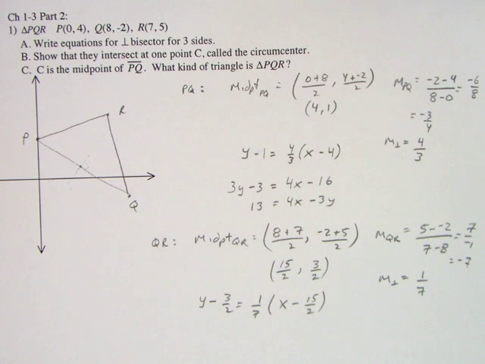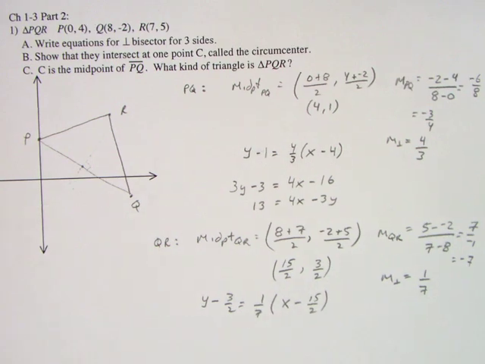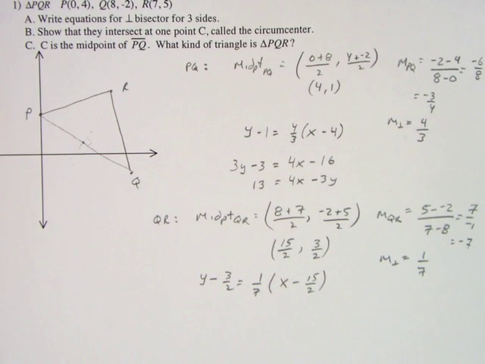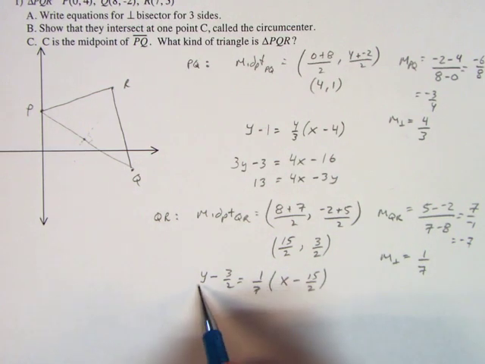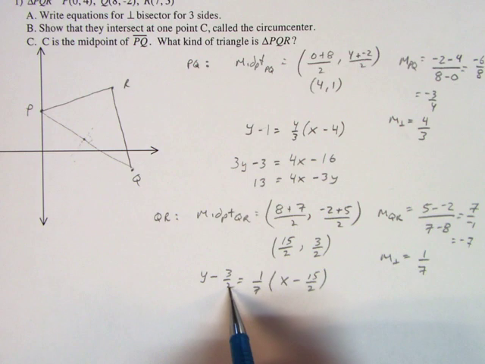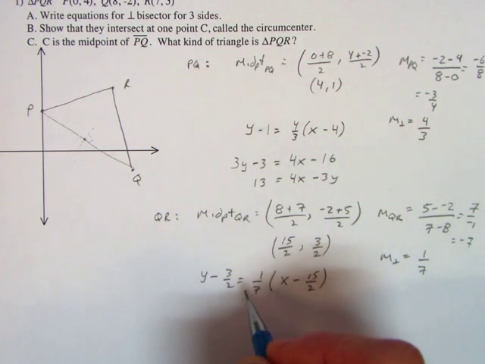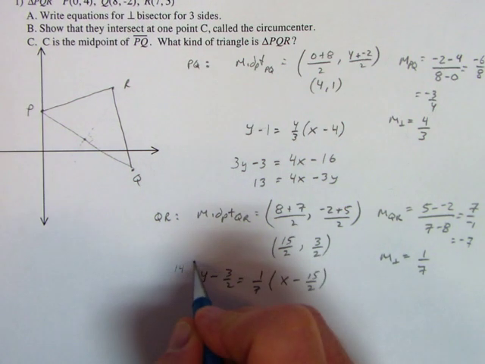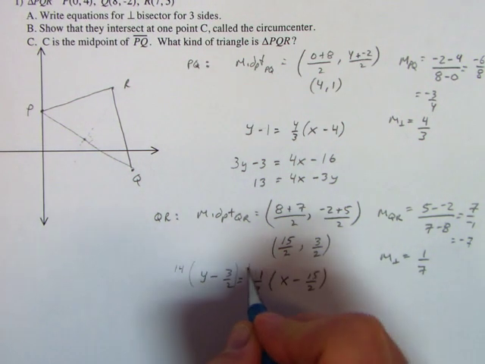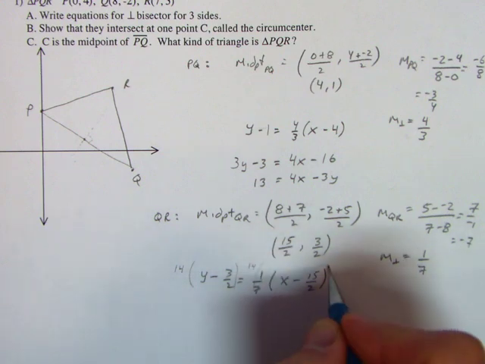Now, what would I multiply by that will get rid of all those fractions? I definitely have to multiply by a 7, and it looks like I should probably multiply by a 2 as well. So let's multiply by 14 this time. So we're looking at 14 times there, and then 14 times this.